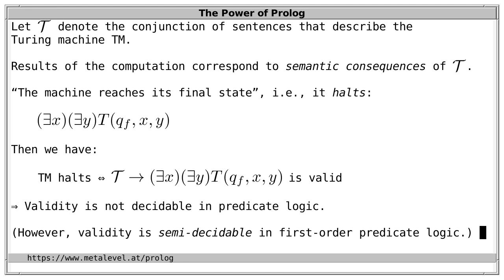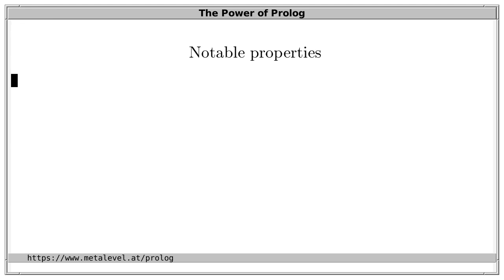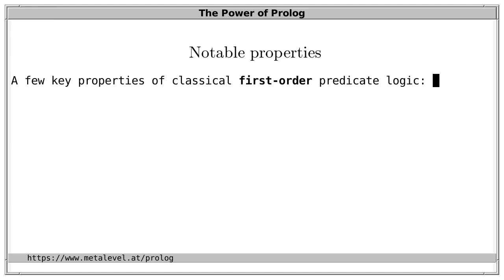But in general, every such procedure either yields incorrect results or doesn't terminate if the formula is not valid. And also, we have now seen that predicate logic is really quite expressive and in fact lets us describe all known computations. Now, to conclude, let's briefly consider a few notable properties that hold for classical first-order predicate logic.